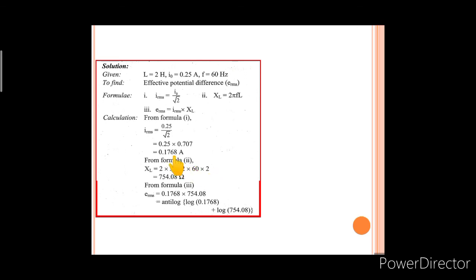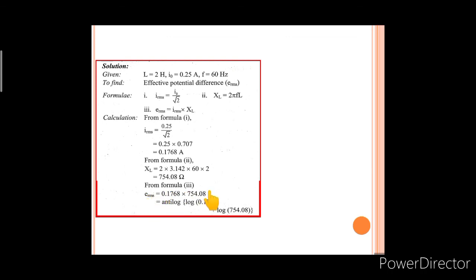Then by using the third formula, E RMS is equal to I RMS into XL, we substitute the values. I RMS we get as 0.1768 and XL we obtain as 754.08. We multiply these two values and hence determine the value of E RMS.